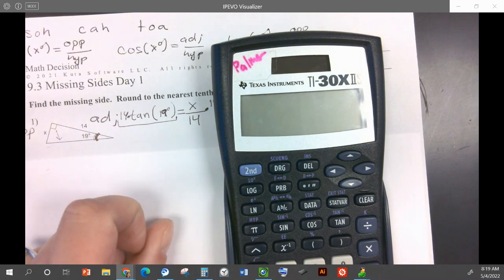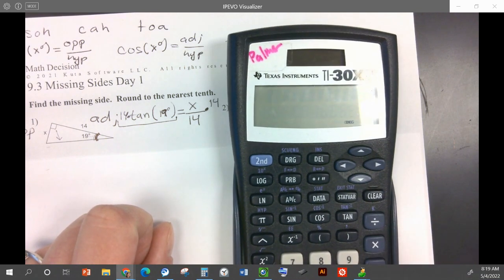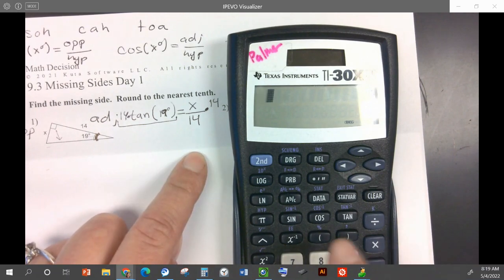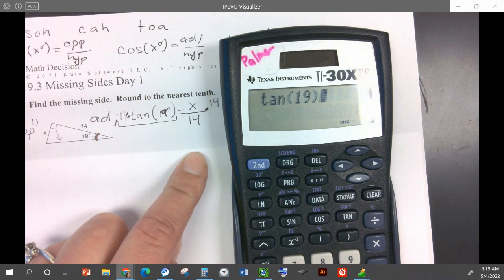If you're getting negative numbers or weird numbers, really small decimals, then check and make sure your calculator is in degrees. We're using the tangent, so I'm going to push the tangent button. Tangent of 19, times 14.